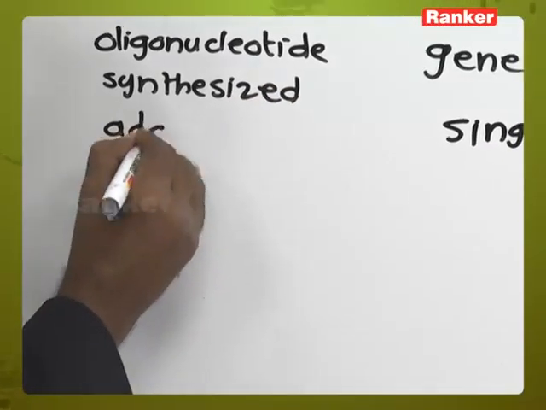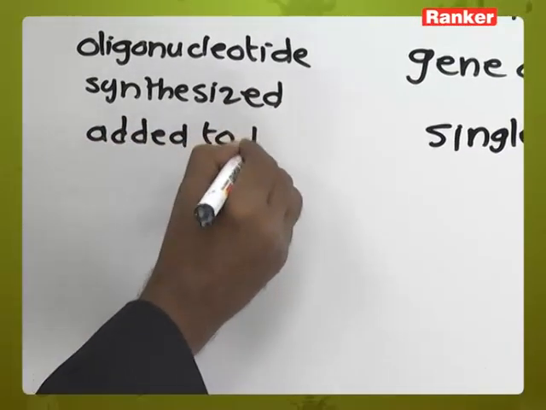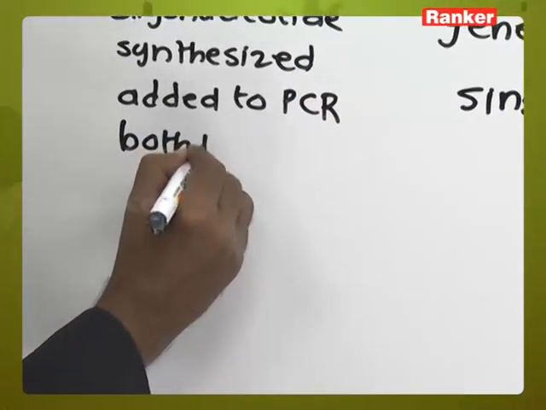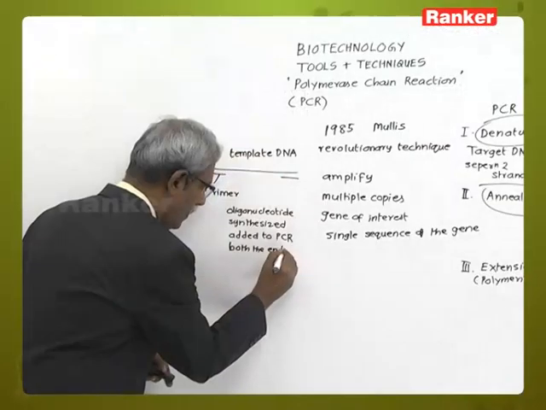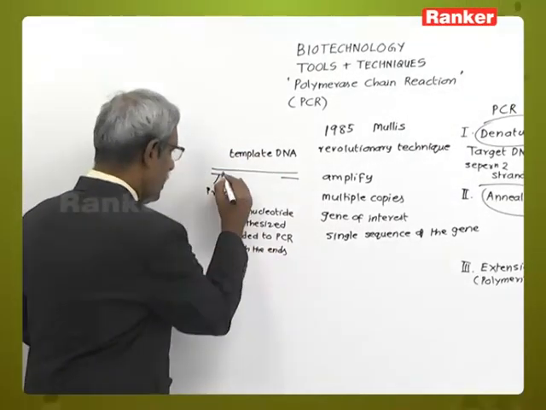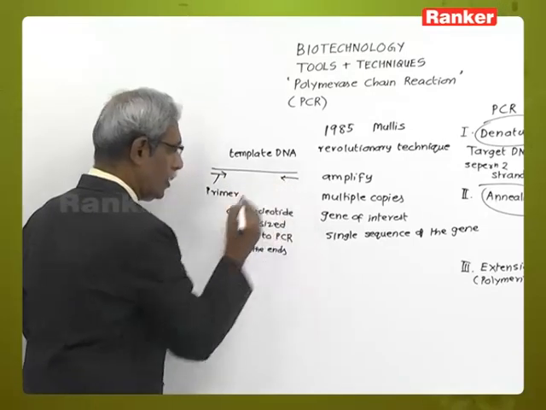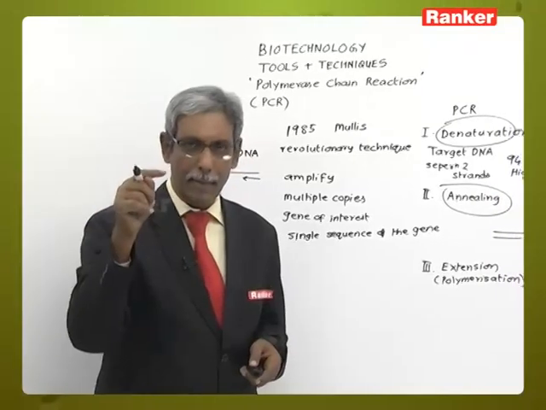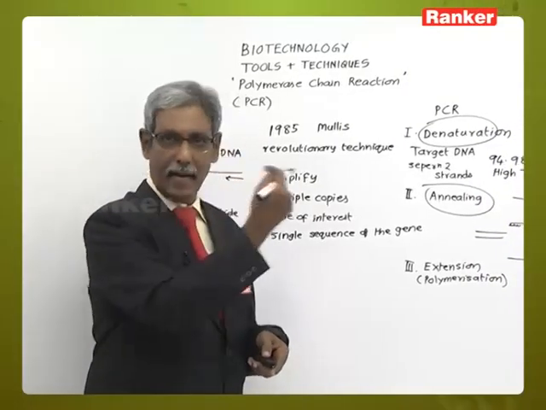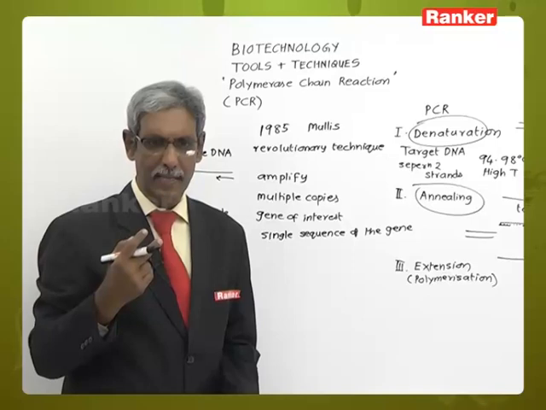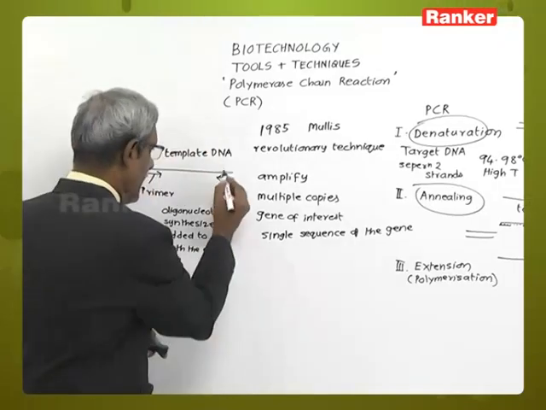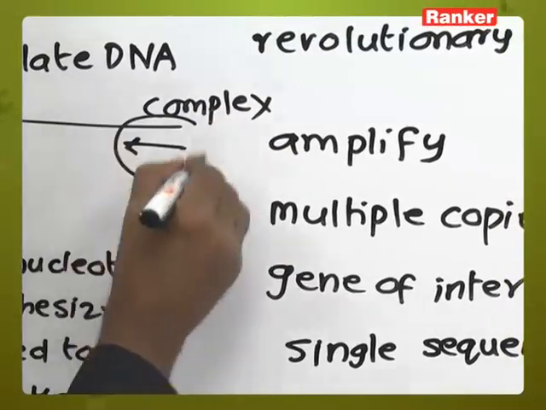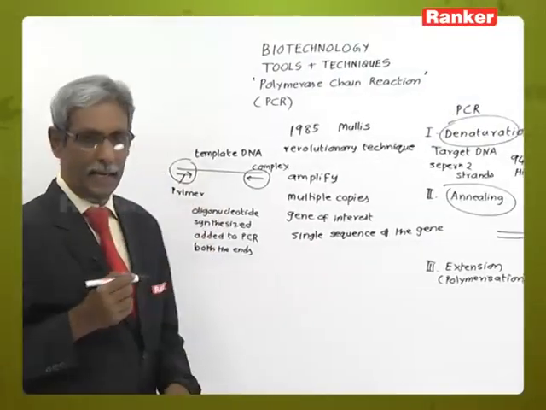They are added to the PCR, added to the polymerase chain reaction. They are added at both the ends. So, it is just like you are setting up two trains to go in opposite directions. You have your template DNA, onto the template DNA you are running one train and another train, that is you are adding two primers. So, primers form a complex at the end of the template DNA.